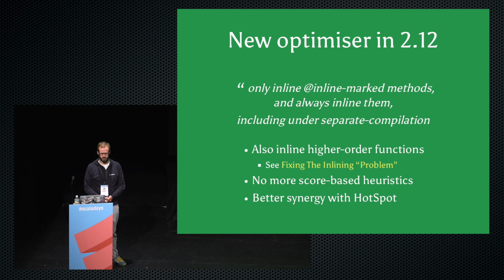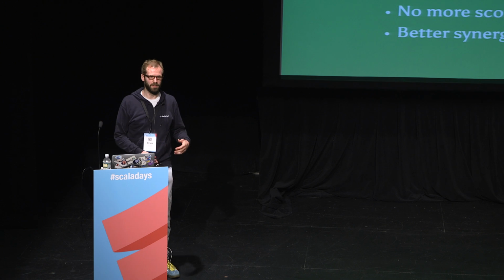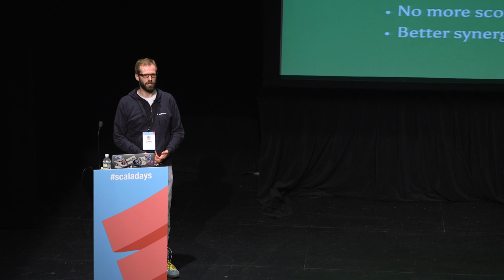They decided to also inline higher order functions. The reason for this is to fix the so-called inlining problem, which is outlined quite nicely in a blog post by Cliff Click of Azul. I won't go into the details of that, but it turns out that inlining higher order functions is quite important.